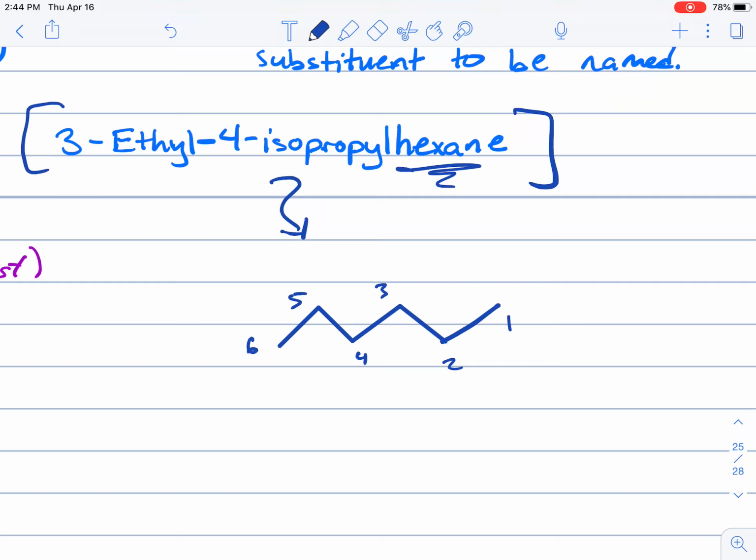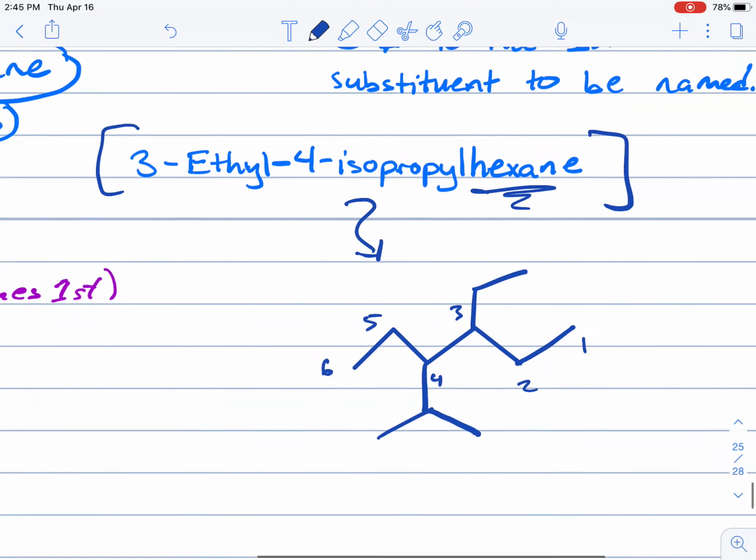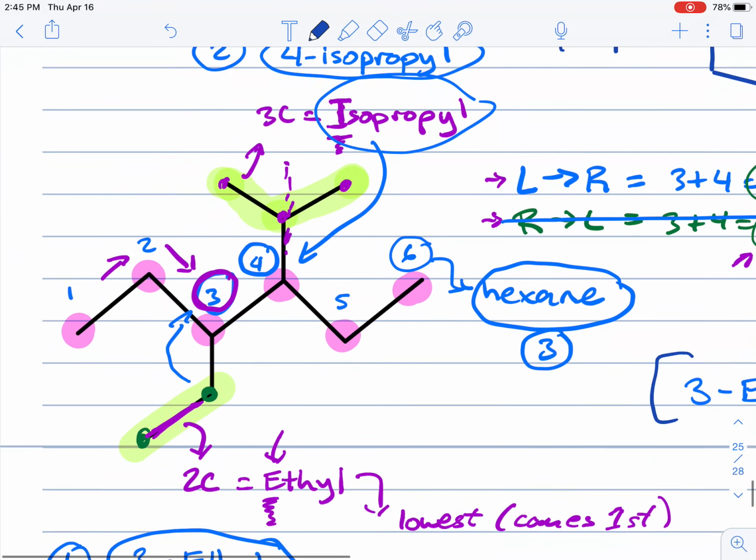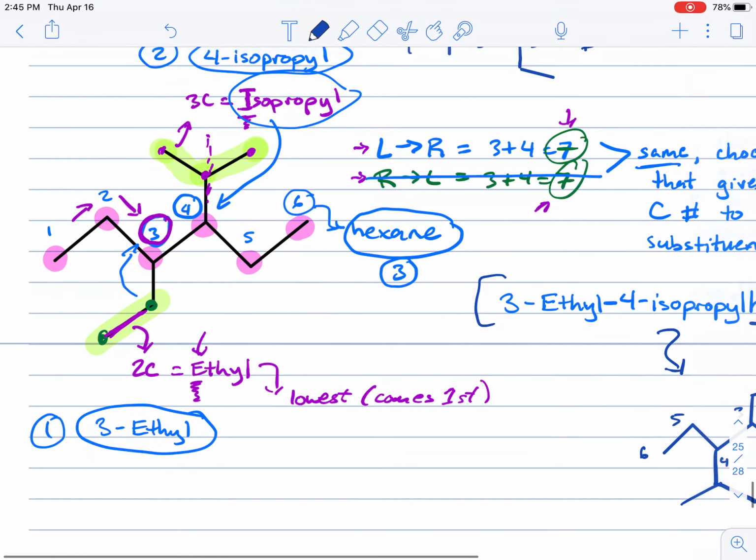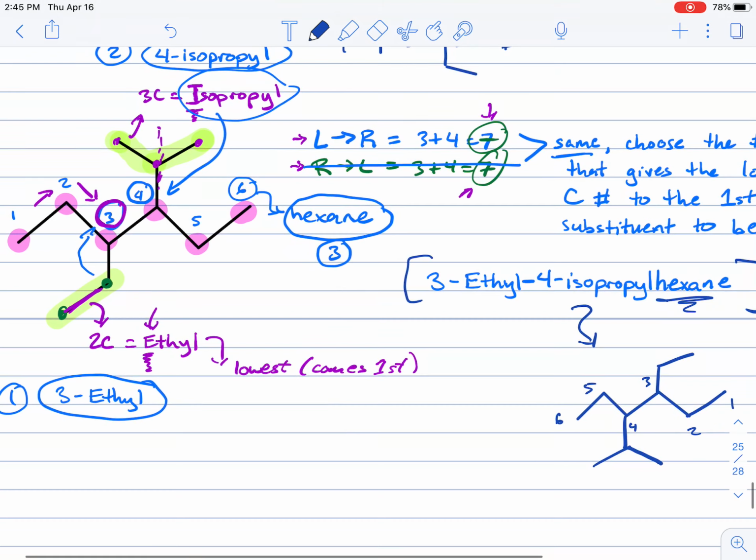And so I know that on the third position I have an ethyl, so I'm just going to go ahead and add 2 carbons. And on the fourth position I have an isopropyl, so I need 3 carbons and they need to be symmetrical. So this would be my skeletal structure for this name of this organic compound. And if you compare that to the original structure, you'll notice that it's just a mirror reflection.